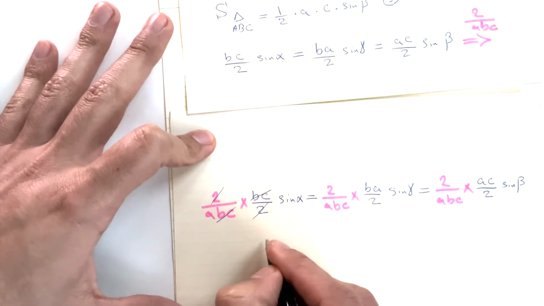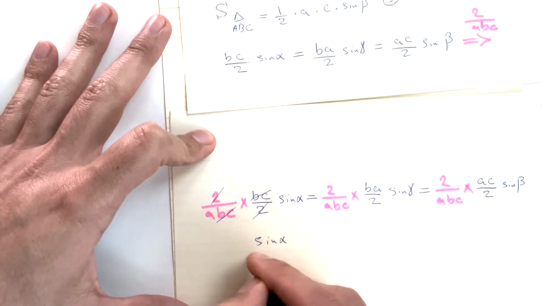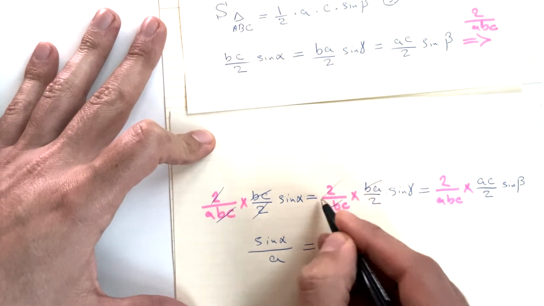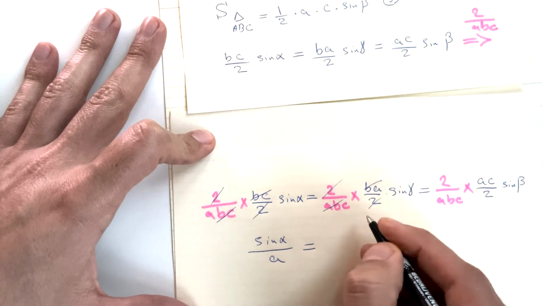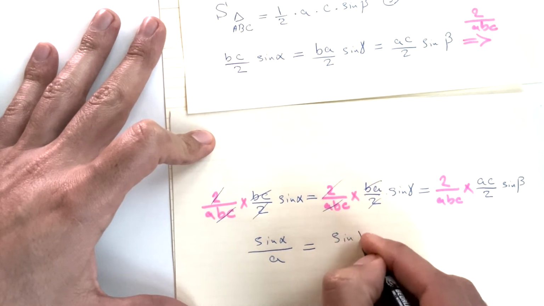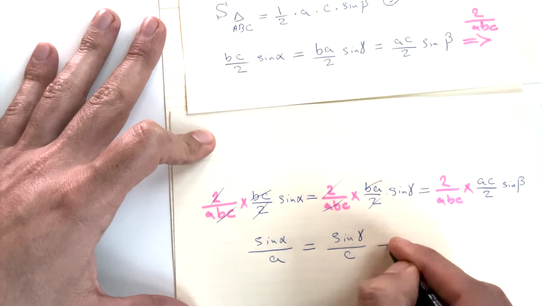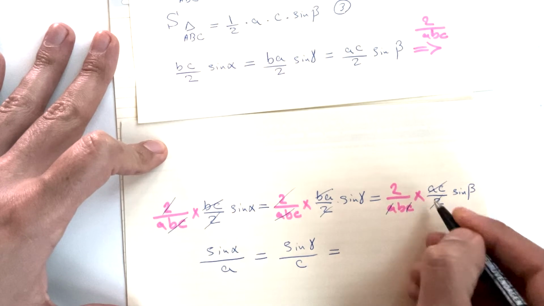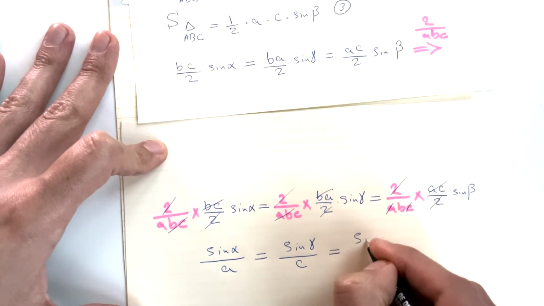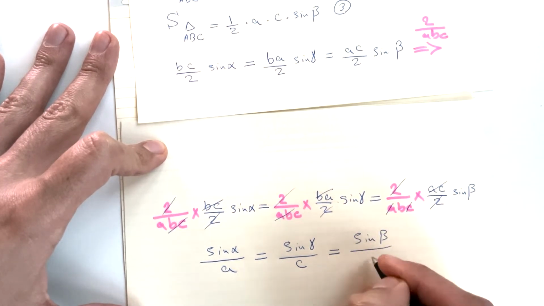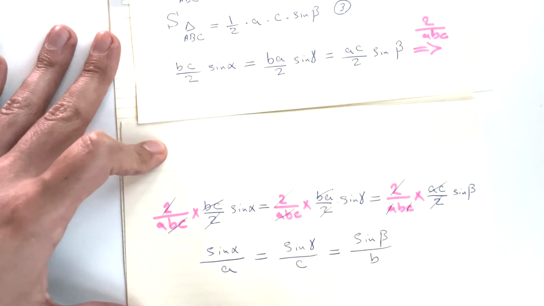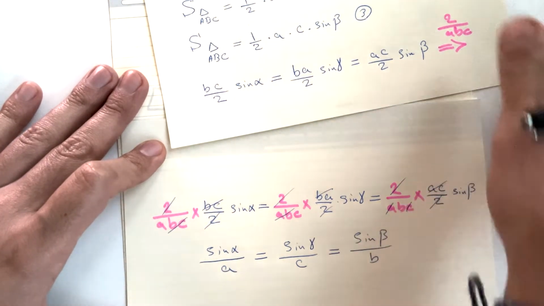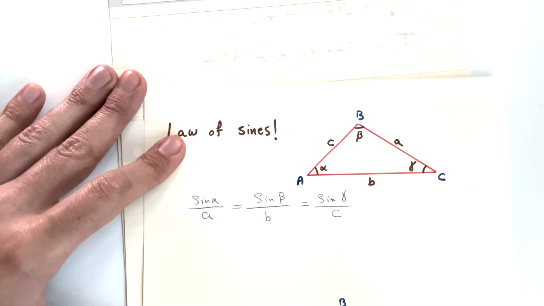Then this side will be sine alpha over A is equal to BA over 2, sine gamma over C, which is equal to, I can cancel out the AC here and 2 with 2 here, and the remaining is sine beta over B. So this is how you can prove the law of sines, which was what we had here in the beginning.